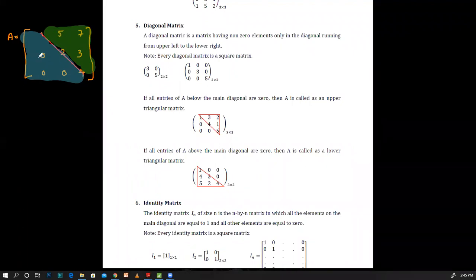Therefore, we are focusing on the zero elements in the bottom part, the area below the main diagonal. All the elements below the main diagonal are zero. If you match the corners, you get a triangular shape. That is why we can say this is a triangular matrix.